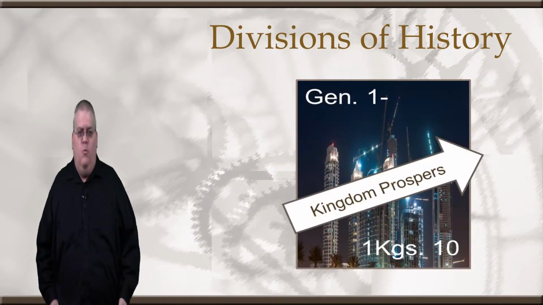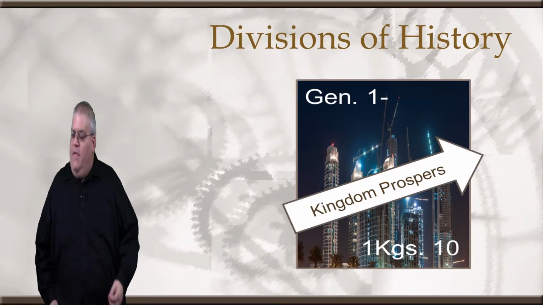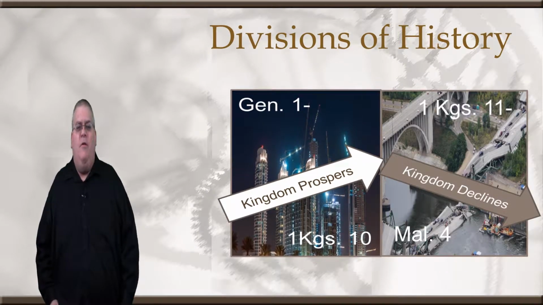First, Genesis chapter 1 through 1 Kings chapter 10 describe the prospering of the earthly kingdom to the high point under Kings David and Solomon. Then from 1 Kings chapter 11 through the end of the Old Testament, the earthly kingdom declines and fails because of the unfaithfulness of God's people, so that eventually they end up in exile.